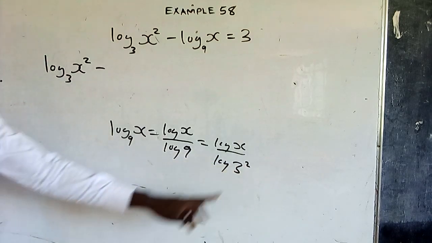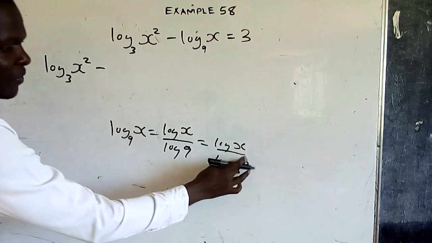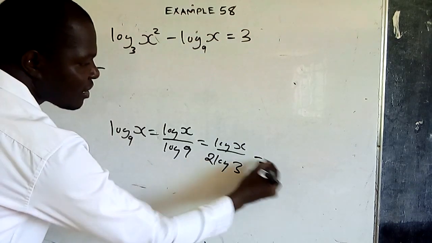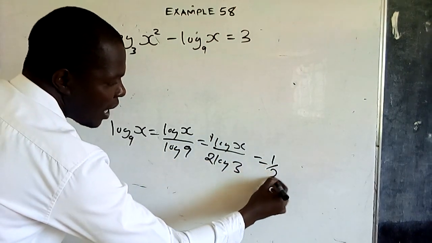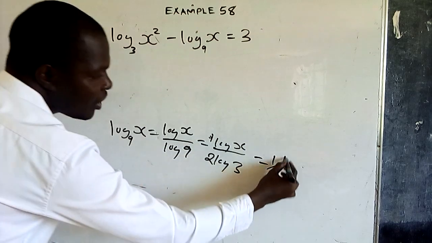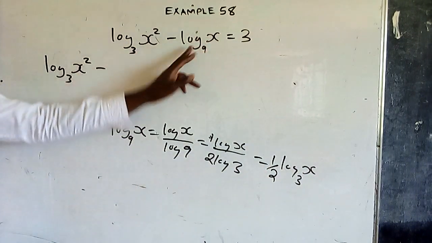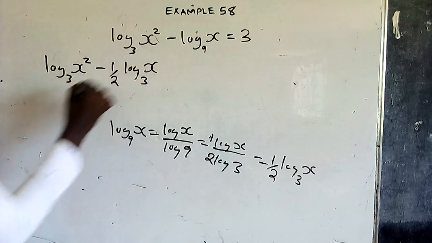So the power is written as the coefficient, that is 2 log 3. Meaning what do you get? This is 1 over 2, so 1 over 2, then log x over log 3 means it is log x to base 3. Meaning log x to base 9 is the same as a half log x to base 3.